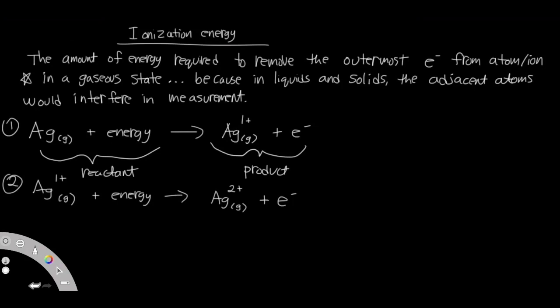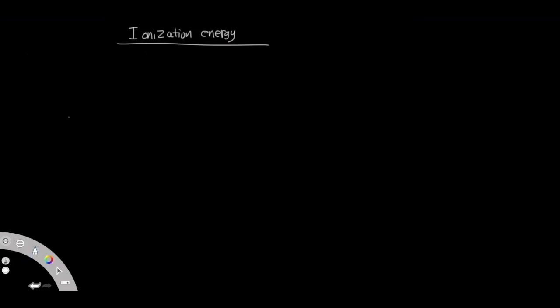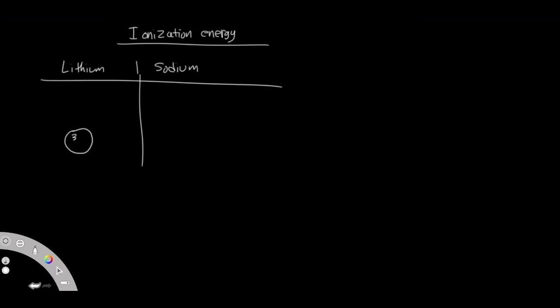Let's do a few examples. All right. Let's get lithium, for example. And let's say we have sodium. Lithium, 3 protons, 4 neutrons. So there's going to be 3 electrons: 1, 2, and 3.